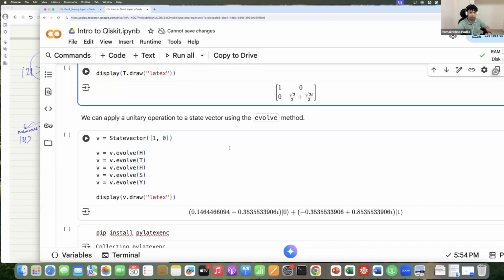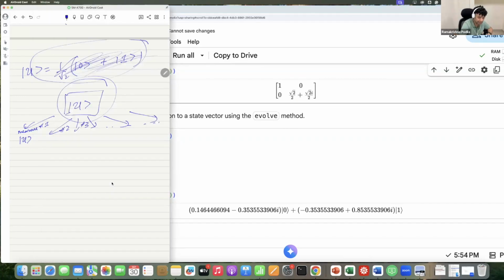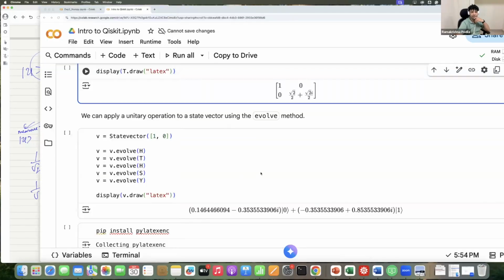There is a question: if you have states like 1 over square root 2, 0 plus 1, versus 1 over square root 2, 0 minus 1, how would you distinguish between these? Because when you make the measurements, you will end up getting the same states, right?